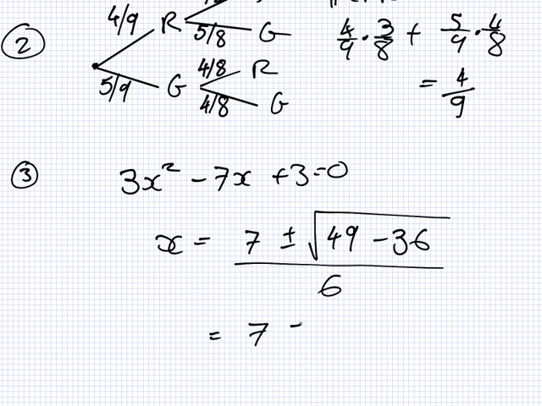That's 7 plus or minus root 13 over 6. Okay? 4 marks means 4 minutes, not 4 minutes, 1 minute.